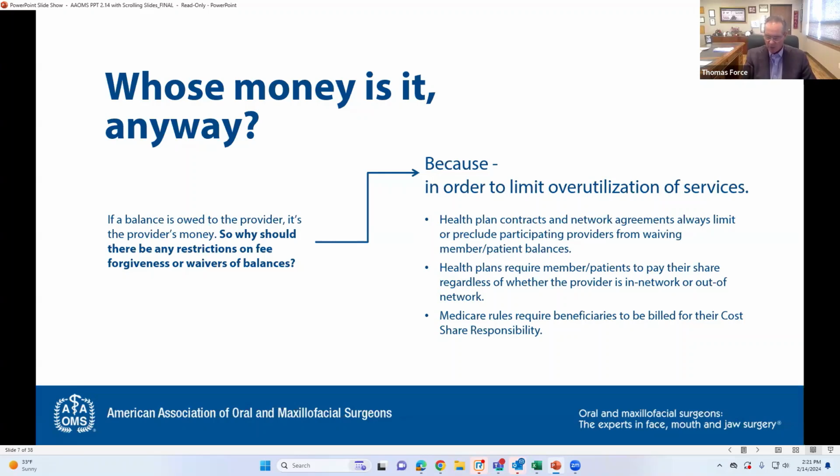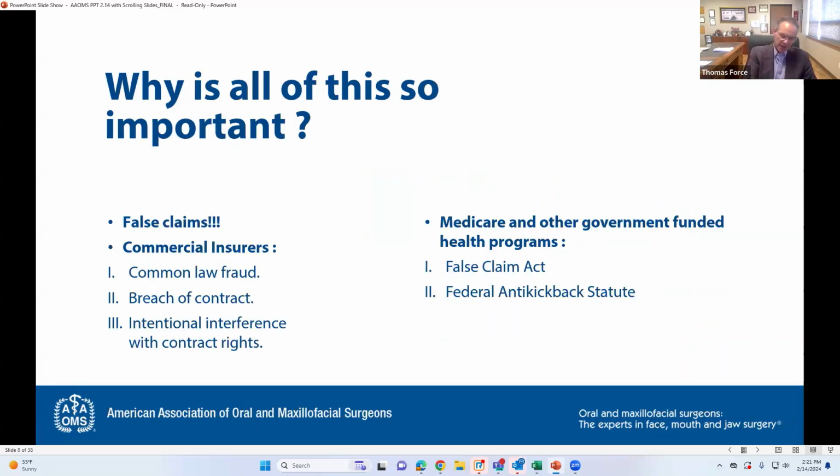They have audit departments where, you'll see soon when we go over the contracts, if they find out that a provider is routinely waiving balances for deductibles and coinsurance, under some of their contracts and policies, they can go back in time and retroactively deny claims.